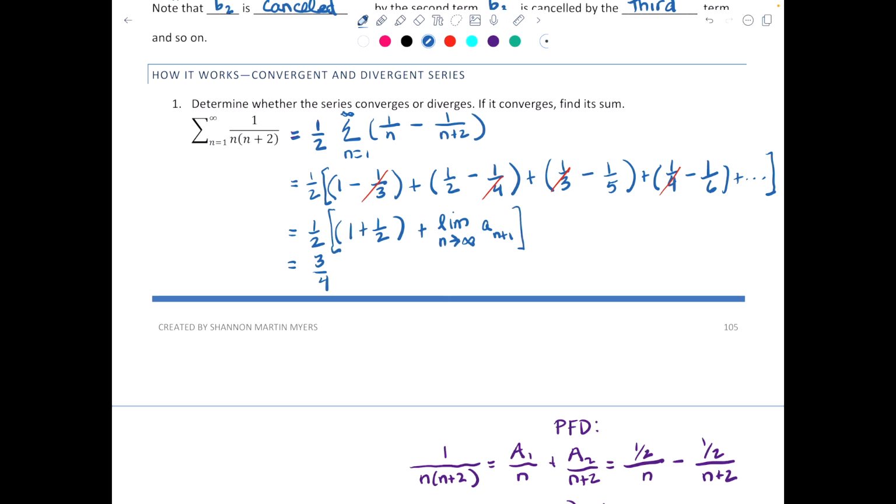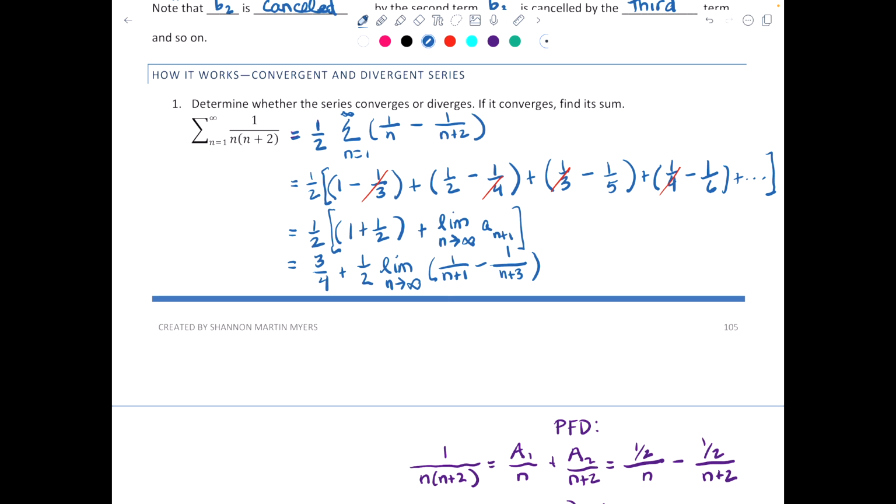So we'd have 3/4 from the first bit plus 1/2 times the limit as n approaches infinity of, well, the n plus first term would be 1 over n plus 1, I'm just plugging in n plus 1 wherever there's an n, minus 1 over, well, this one I'll get 1 over n plus 1 and then plus 2. So that would be n plus 3.